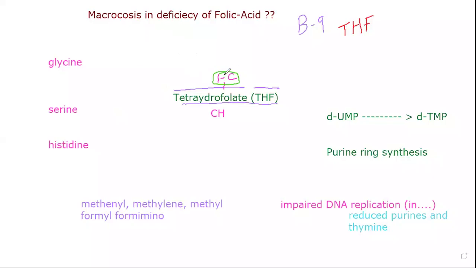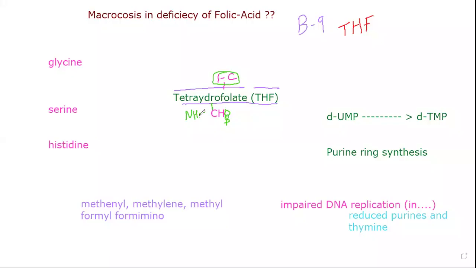Tetrahydrofolate is a carrier of what we call one carbon units. I mean, various one carbon units can be attached to tetrahydrofolate. It can be methenyl, it can be methylene, it can be methyl, it can be formyl or the formimino.